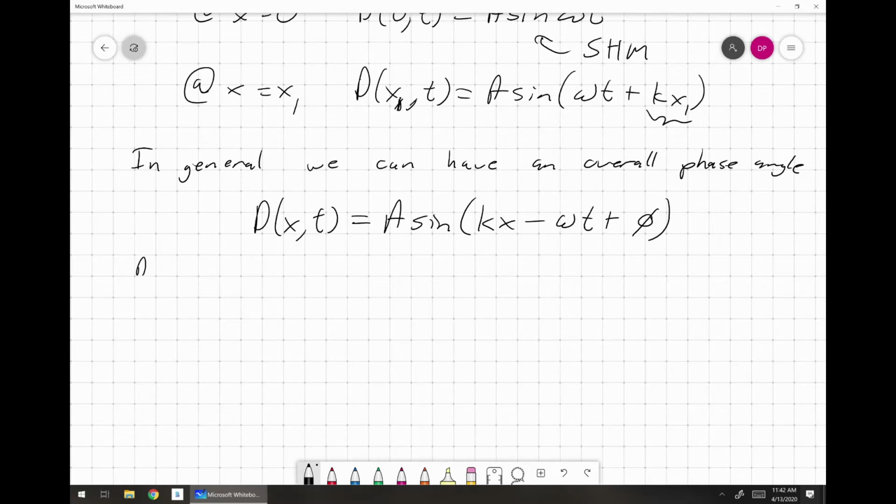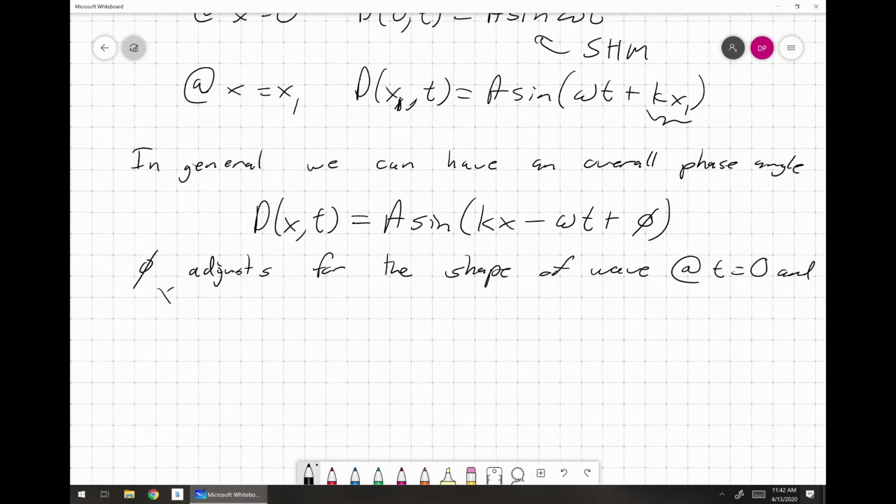So phi adjusts for the shape of the wave at t equals 0 and x equals 0. Whatever the initial conditions of the wave are will determine the value of phi.